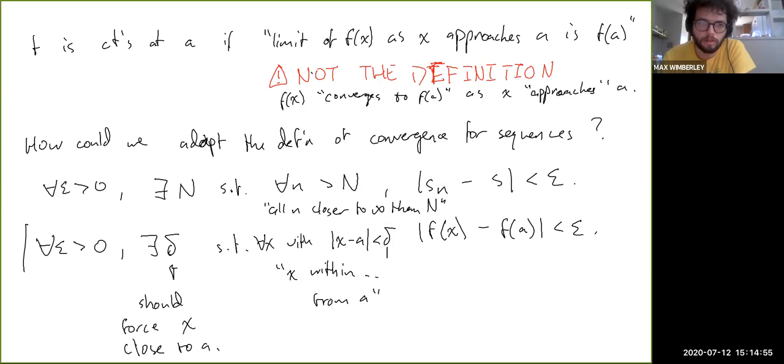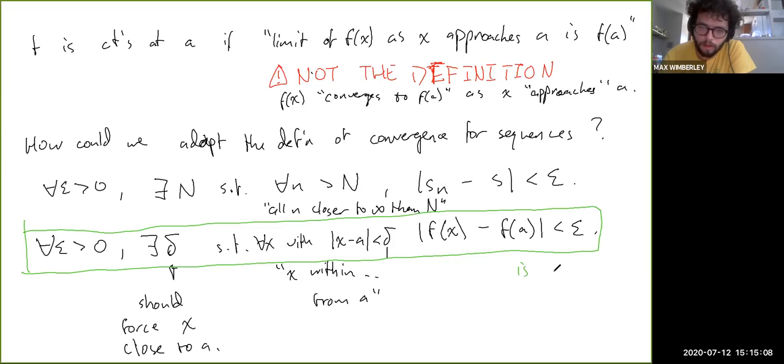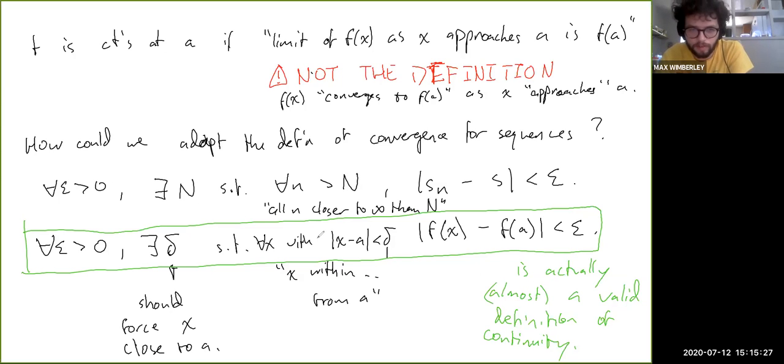Let me use a different color. So this is almost a valid definition of continuity. I say almost because there's an issue with this for all x.